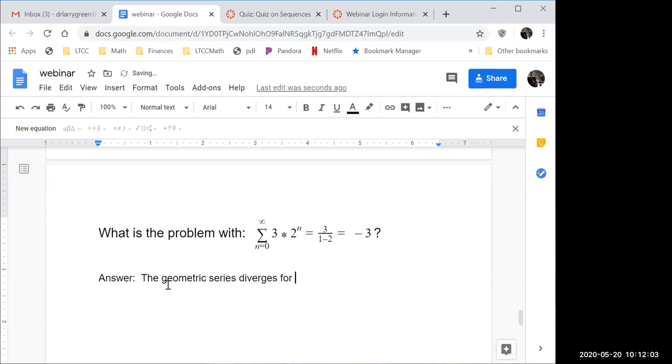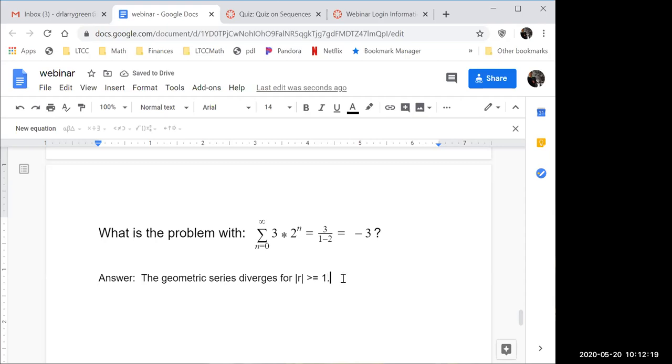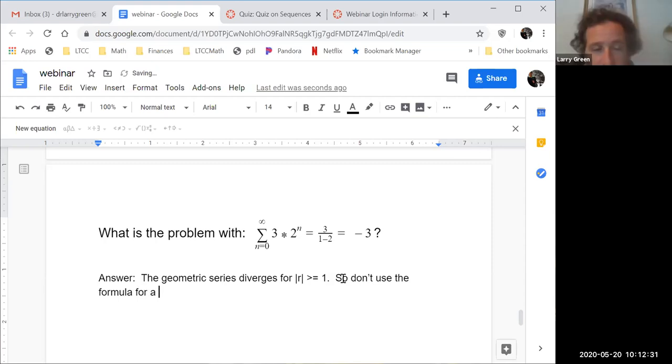for the absolute value of r greater than or equal to 1. So don't use the formula for a divergent series.